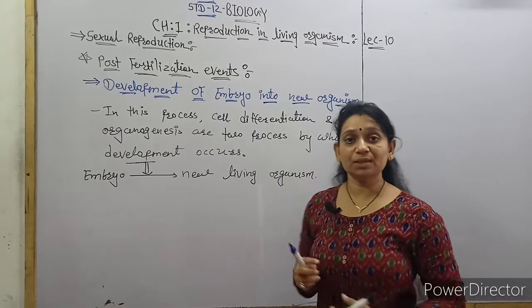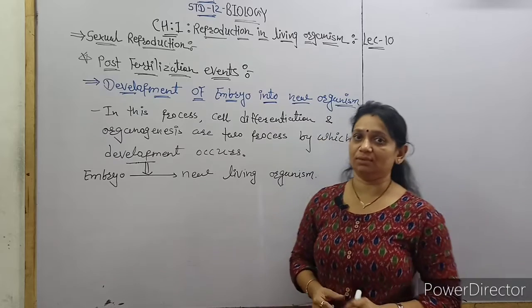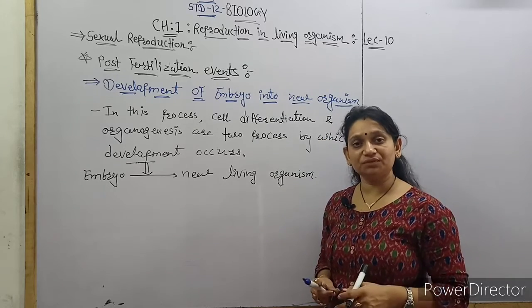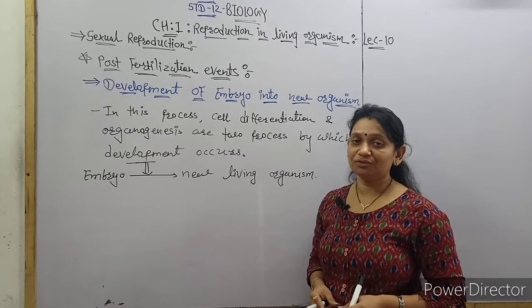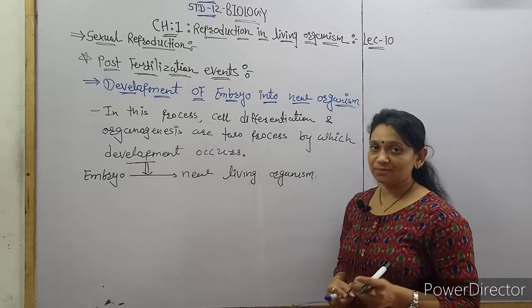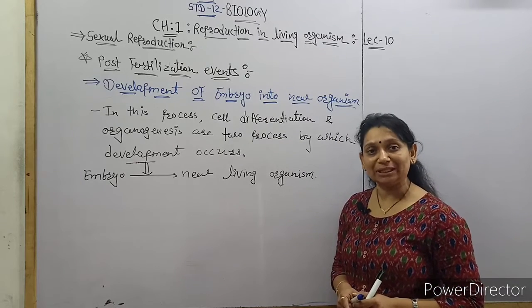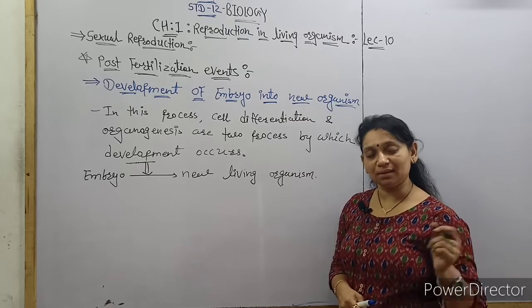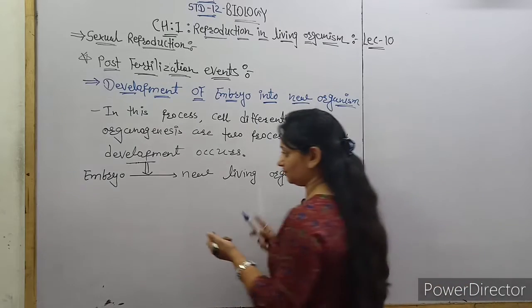Now beta, on the basis of the development pattern of the embryo, organisms are mainly of two types: oviparous and viviparous.